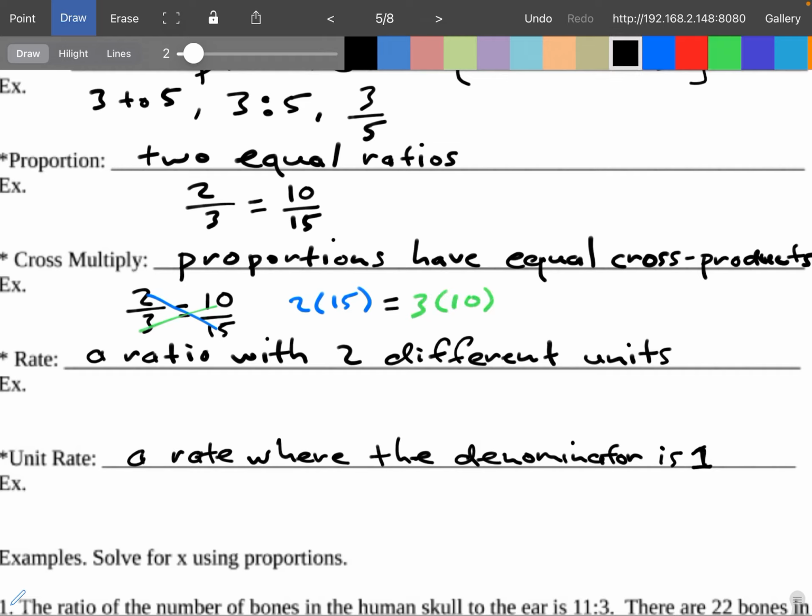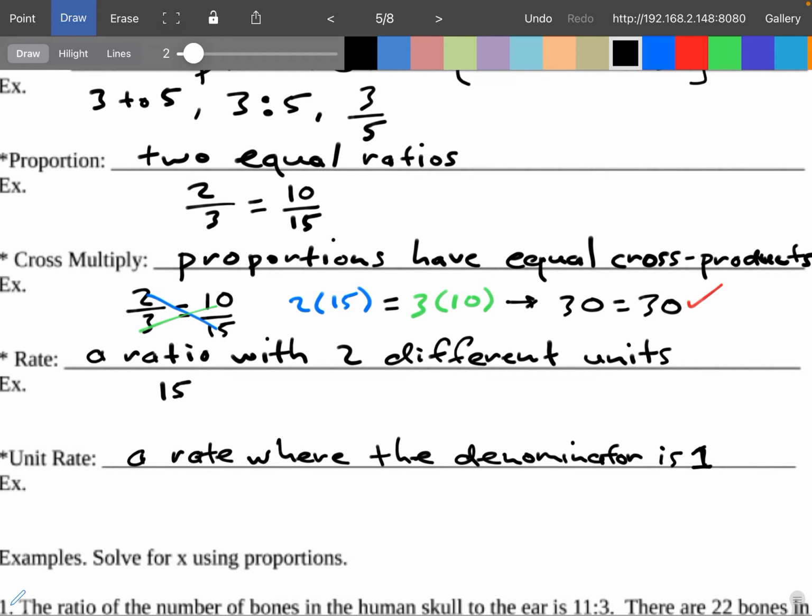So what's 3 times 10? 30. So what this thing says then is it just says 30 equals 30, right? That checks. So that's a property of proportions, okay? If you got 2 equal fractions, their cross products are equal. And then that'll help us solve some problems. That'll help us solve some equations, that property.